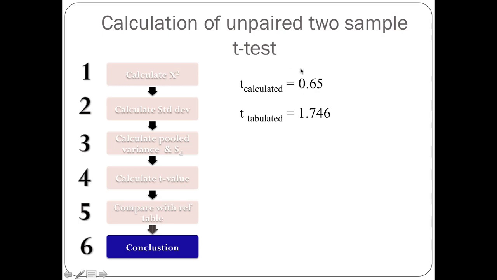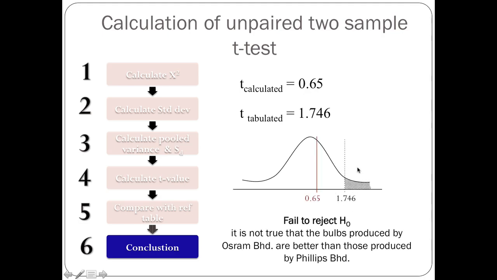So remember, your calculated t-value is 0.65, whereas the reference t-value is 1.746. Draw your normal curve, where your 1.746 is over here, whereas the calculated t-value is over here, smaller than the reference t-value. Therefore, can you reject the null hypothesis?